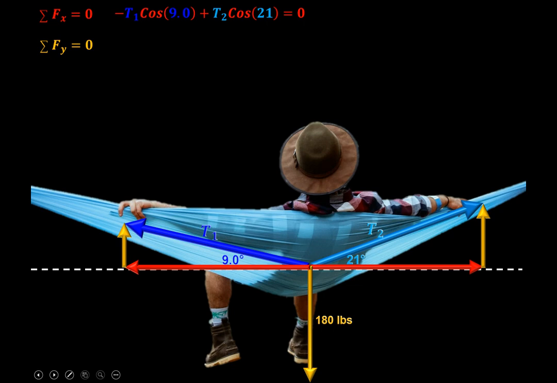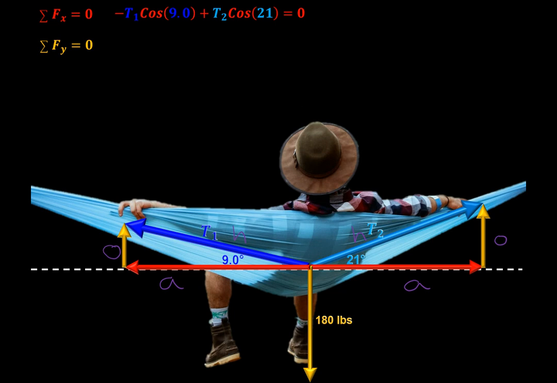So if we just look at our forces in the X direction, again, remember that this is the hypotenuse, our angle's here, so this is the opposite, and this is our adjacent.